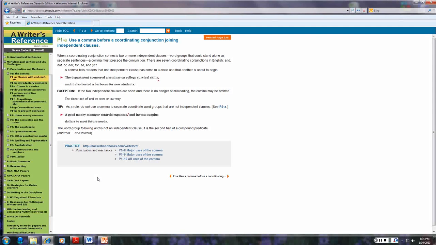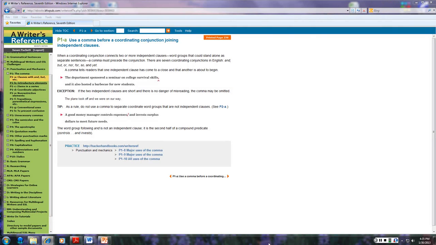independent clauses that are joined by a coordinating conjunction. As a rule, you do not use a comma to separate coordinate word groups that are not independent clauses, which is P2A. It's a common error. You use a comma when there is an independent clause, comma, a coordinating conjunction, the fanboys, and a second independent clause.